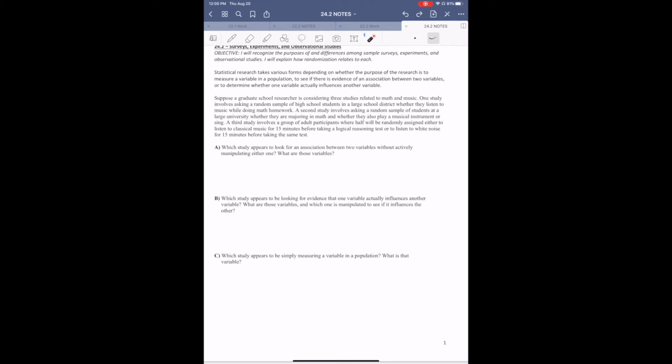association between two variables without actively manipulating either one. So think about it. Which one is not going to have an effect on the outcome, right? Which one are we just looking at to see if there is a relationship between the two?